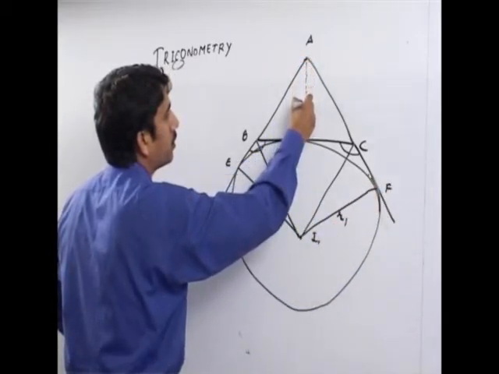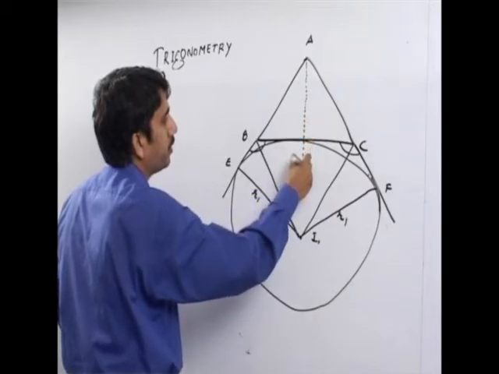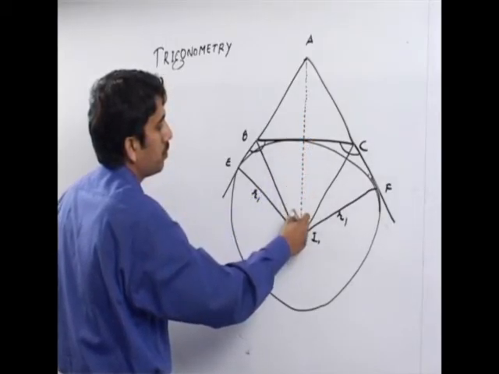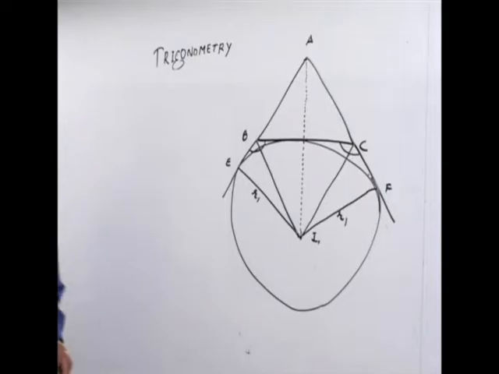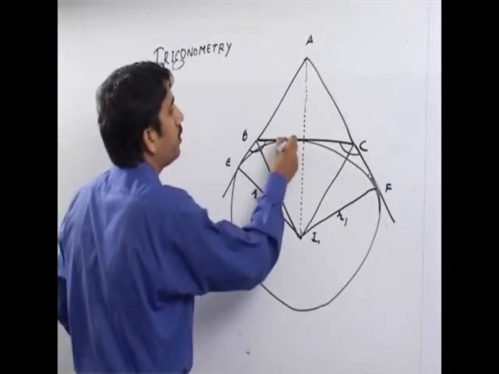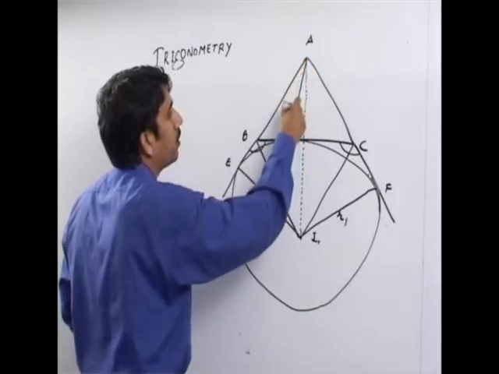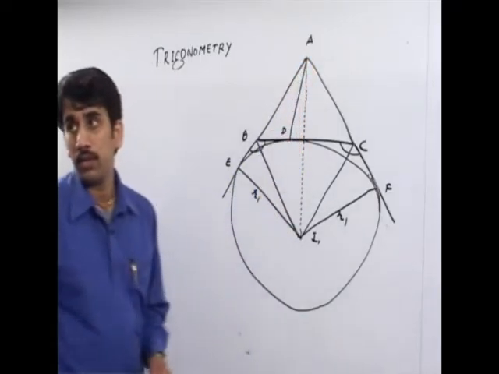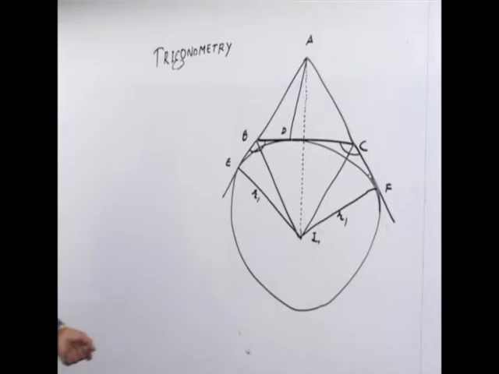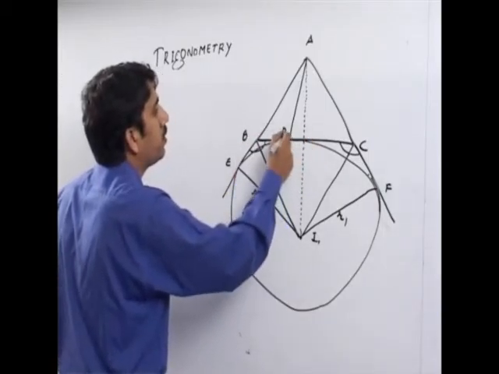Let us take this angle bisector of A up to the I1, and this is a point D where this ex-circle is touching the side BC.